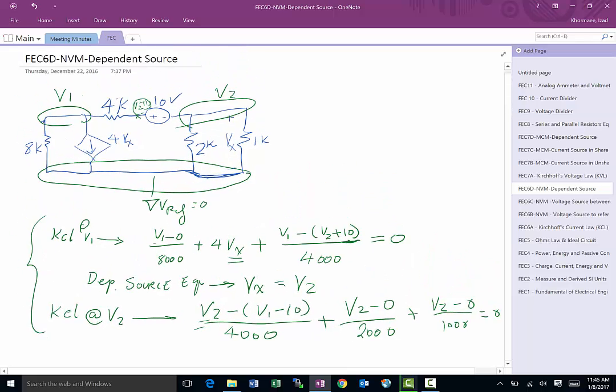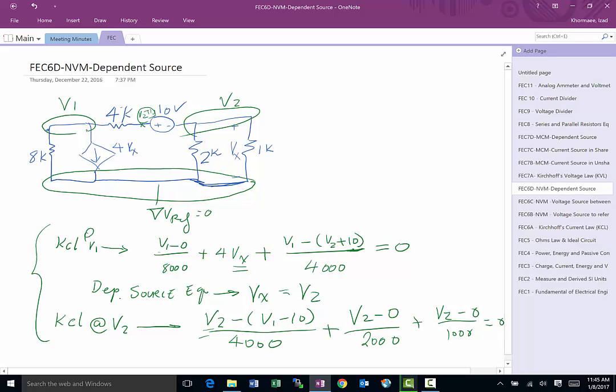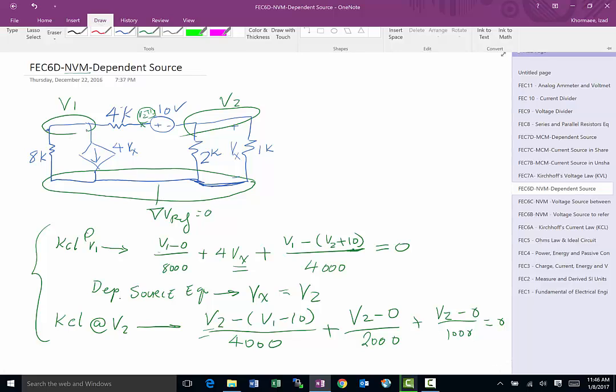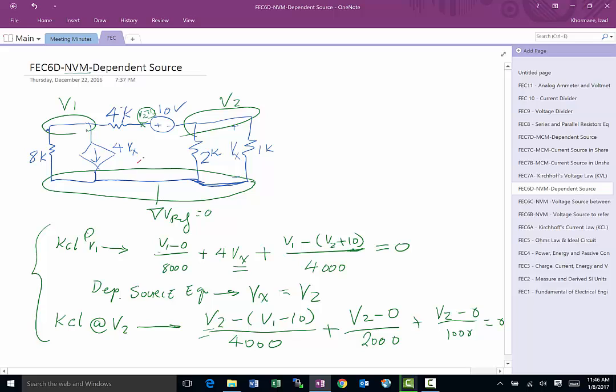That brings us to the end of this special case. What we are trying to do is use the node voltage method, which uses KCL, Kirchhoff's current law. The idea here is that we have a dependent source somewhere in our circuit, and when we have one, we are given a new variable. In this case, since we had 3 nodes, we get 2 equations, but we need a third equation.